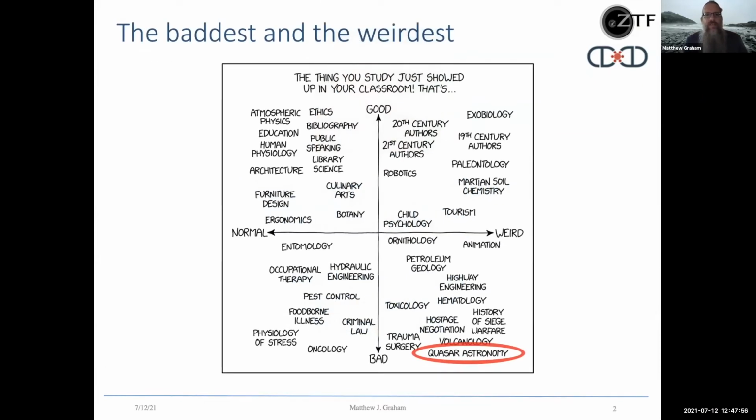We know that quasars are the baddest and the weirdest, but their variability is also one of the most unexplained phenomena. You go back to the 1963 paper by Sandage and Greenstein, and they acknowledge that the optical variability of one of the first quasars detected was one of its most noteworthy features.